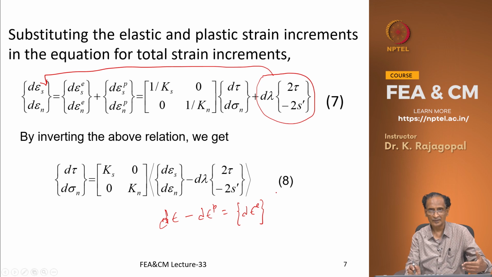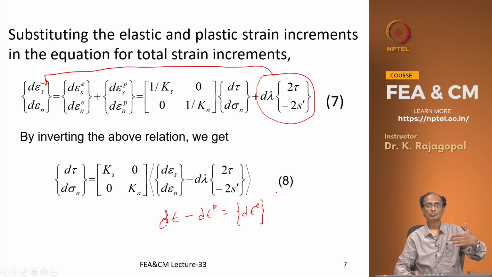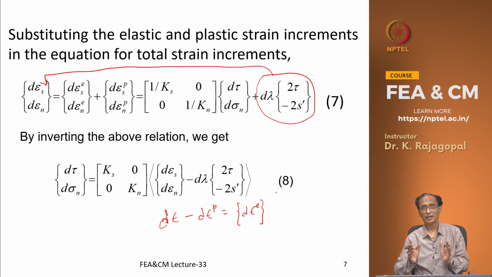So, we have seen that the stress increment during the plastic strains is only because of the elastic part. So, that is some constitutive matrix multiplied by the total strains minus the plastic strains.